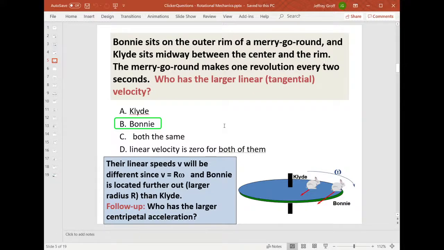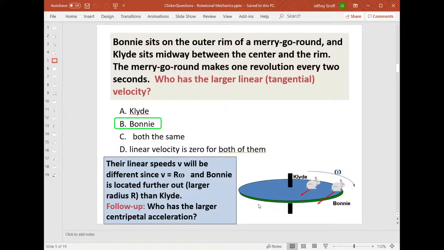So linear speeds are not the same as angular speeds. The linear speed is actually a product of radius. So Clyde would have about half the linear speed as Bonnie because his R is only about half as much.